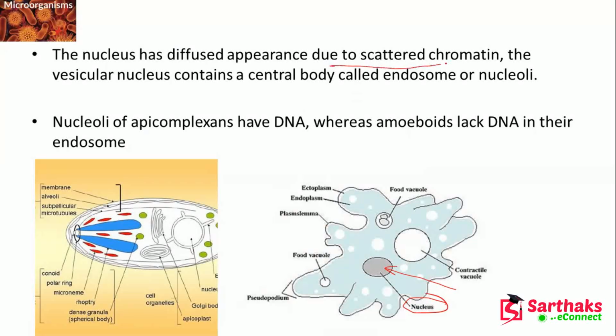And the vesicular nucleus contains a central body called the nucleolus or endosome, and the nucleoli in apicomplexans have DNA, whereas amoeboids lack DNA in their endosome. So here in this picture you can see that this is the nucleus, and it has a little bit diffused appearance due to the scattered chromatin.